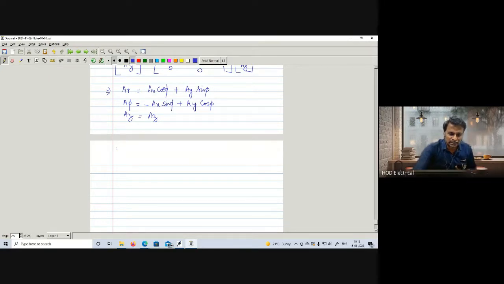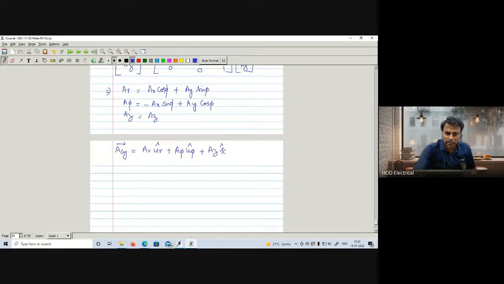But our vector is in cylindrical coordinates. A cylindrical is equal to AR into UR gap plus A phi into U phi gap plus AZ into K gap. This is what we are going to do. Now we know what AX is.